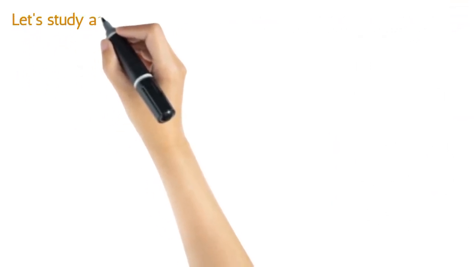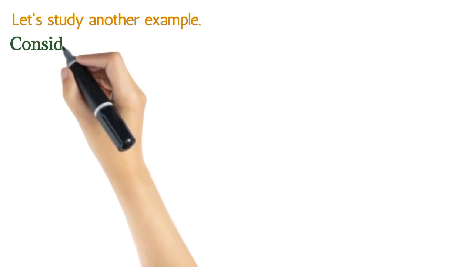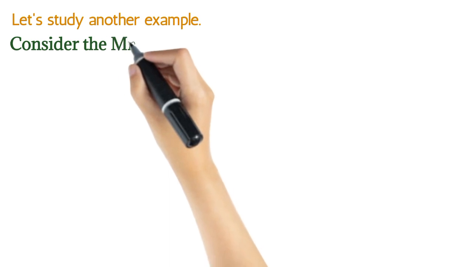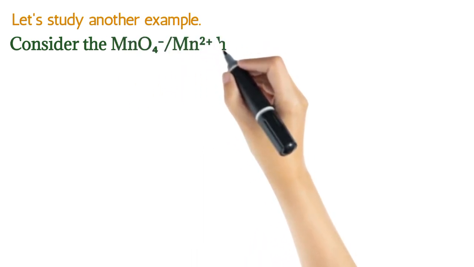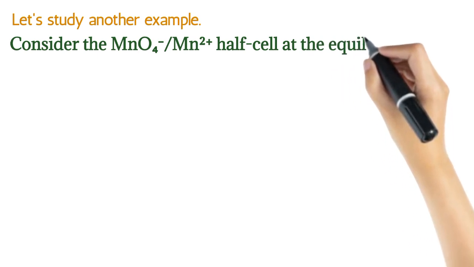Let's look at the following half cells. In this titration, permanganate converts to manganese 2+ ions.